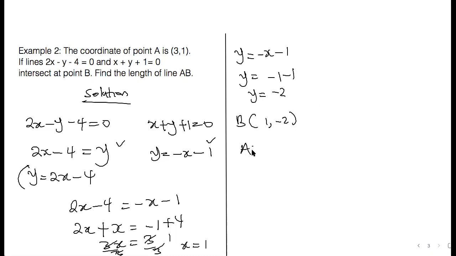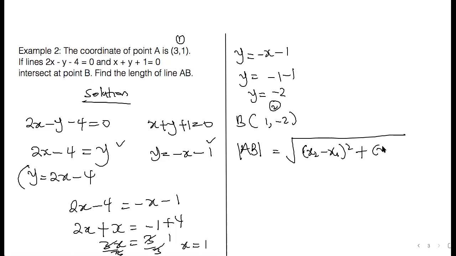So the length of AB will be square root of, remember, if I label this point 1, and I label this point 2, it's going to be x2 minus x1 squared plus y2 minus y1 squared. That's the formula for distance between 2 points.